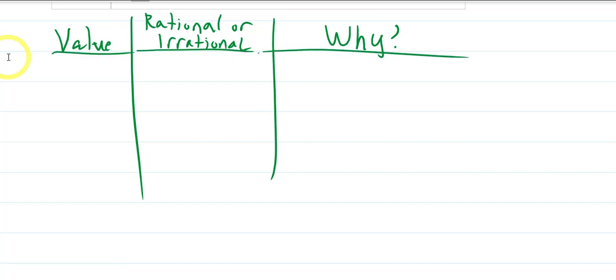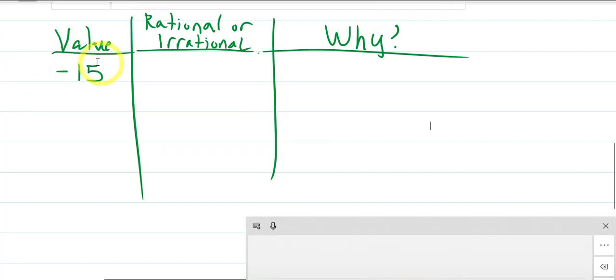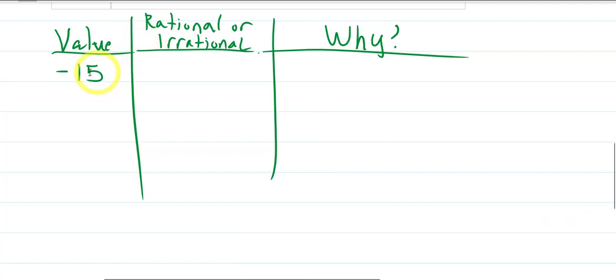So if I take the number negative 15, I'm going to have to classify negative 15 and decide whether it is rational or irrational. Well, let's think about it. Can I turn negative 15 into a fraction? Yes, by making that negative 15 over 1. That becomes a fraction, so that makes it rational.